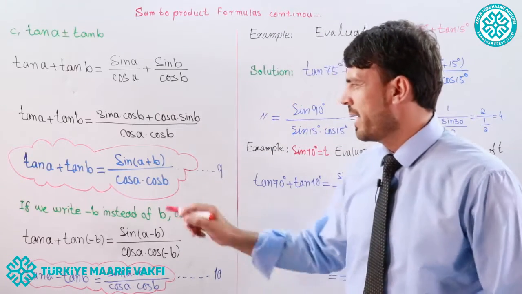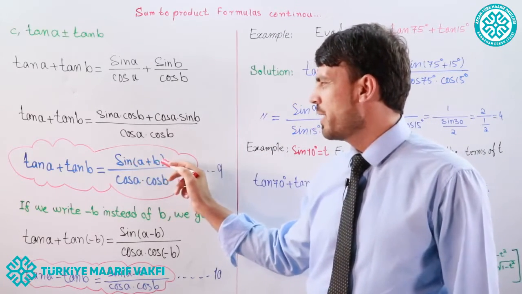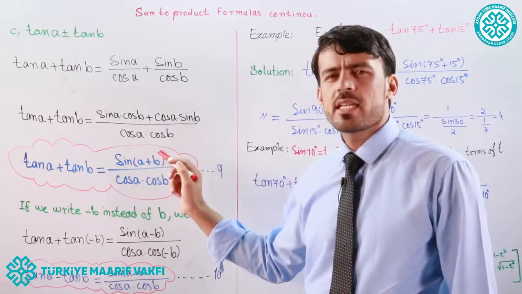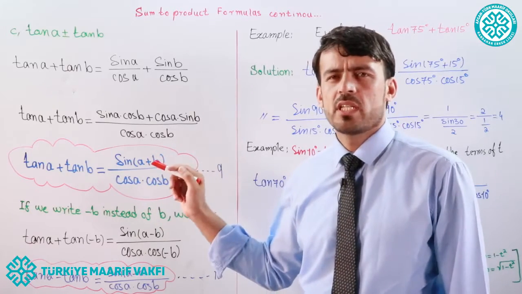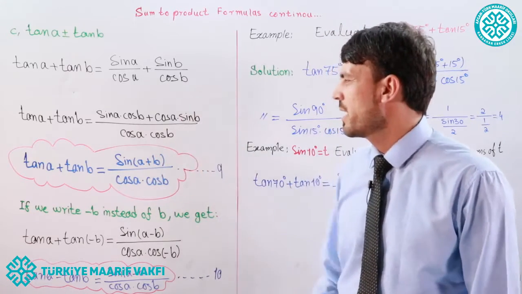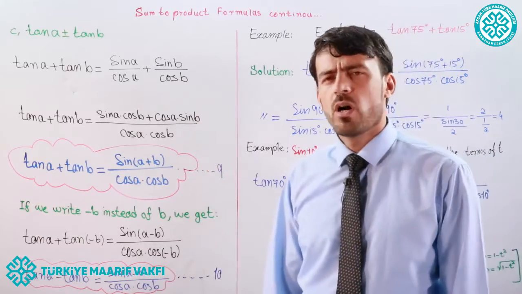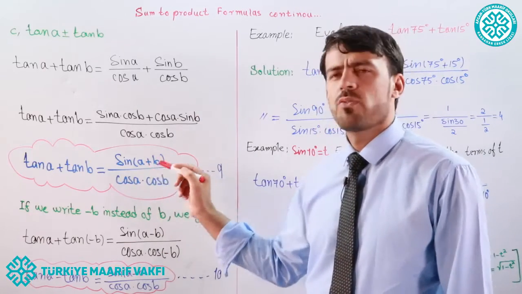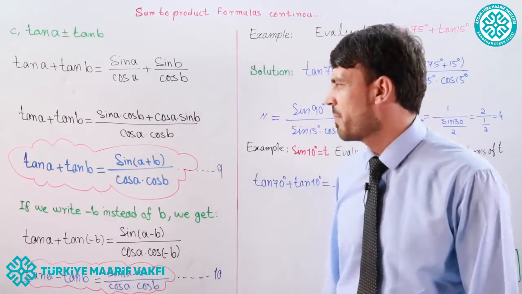It means if we have sine of A plus B, this is the sum formula of the sine function, and this is the expanded form of the sine function for a sum.